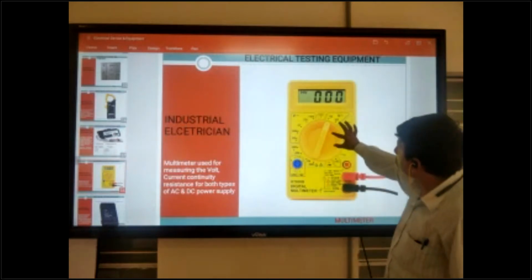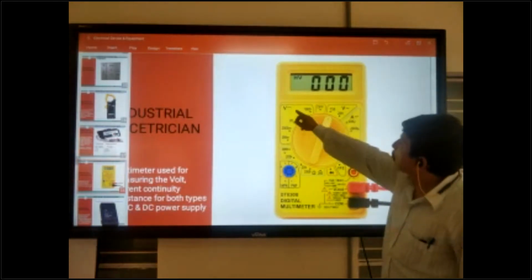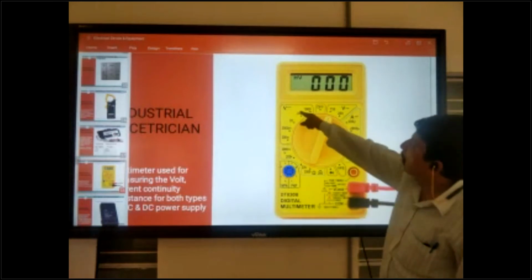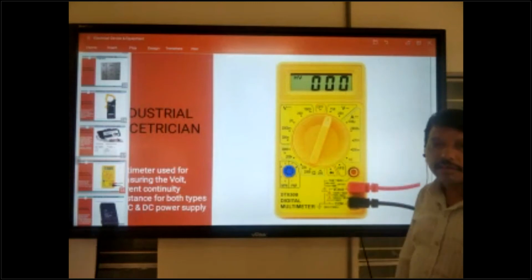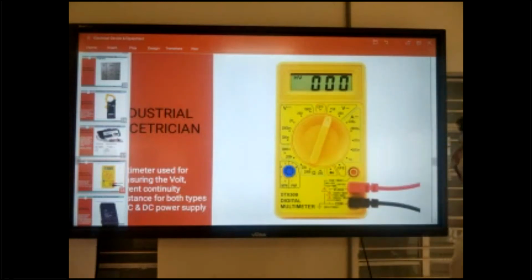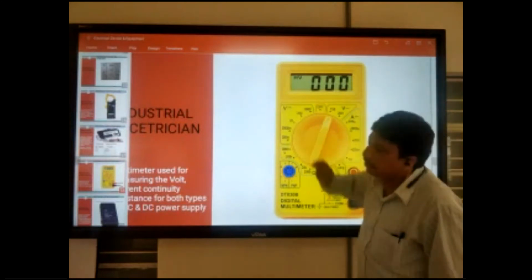There are 2 parts: this is the AC volt area, and this one is DC volt, direct current. Direct current has no frequency change. AC volt has frequency change. This is the symbol of AC, and this is the symbol of DC.